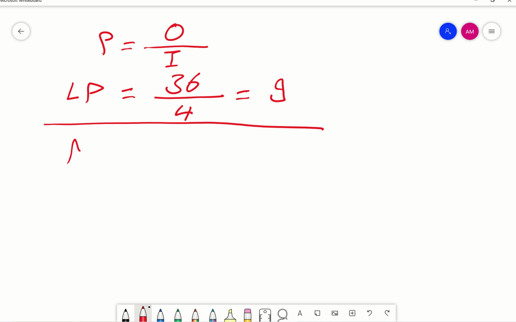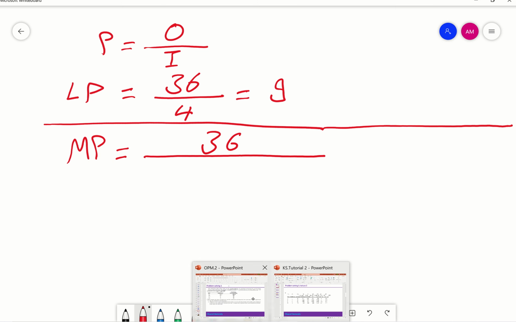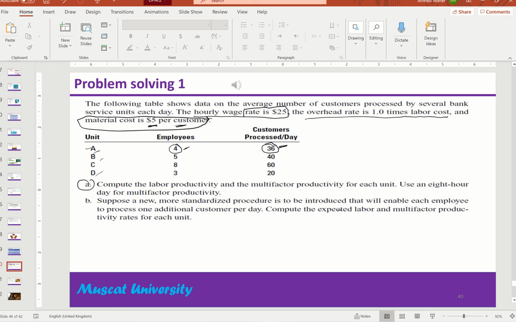If I go to multi-factor productivity, multi-factor is whatever factors I provided you with in the question. Output is still the same, 36. Now, what is our input? For multi-factor, we have the laborers and their time, the overhead, and the materials.